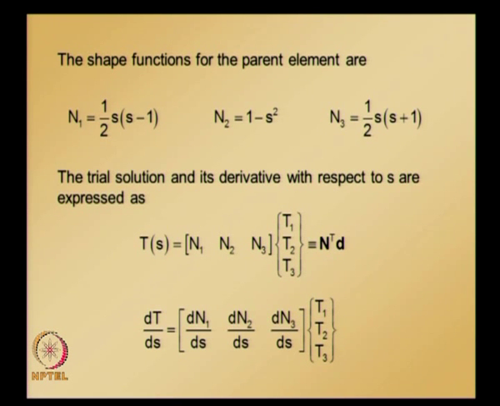and now isoparametric mapping, x is equal to sigma ni xi, or here there are 3 nodes.